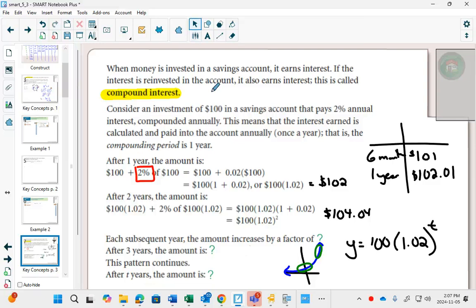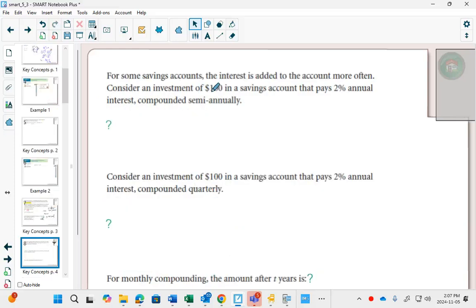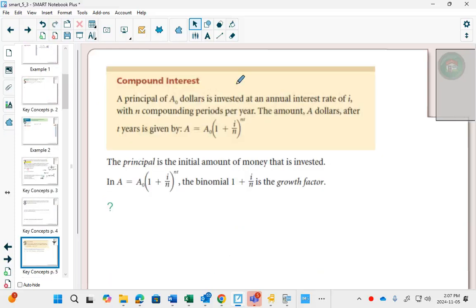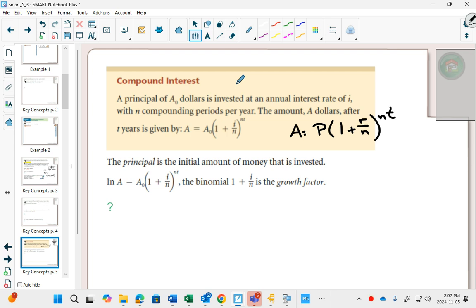So our compound interest formula, and they have it here. Sometimes on the old formula sheet, it looked like this. And what's neat about what sounds scary at first is that the formula is not on your formula sheet.